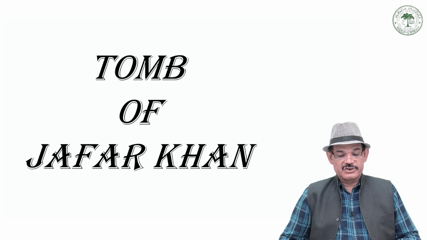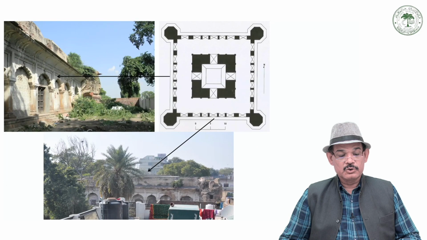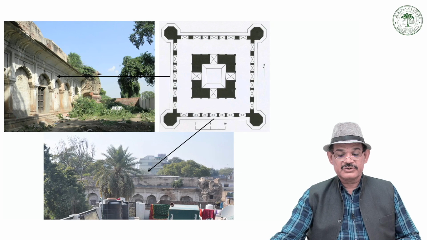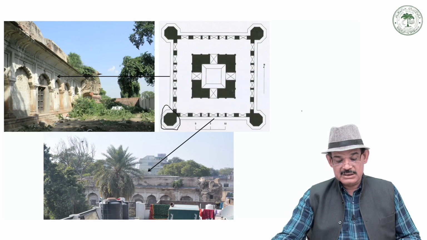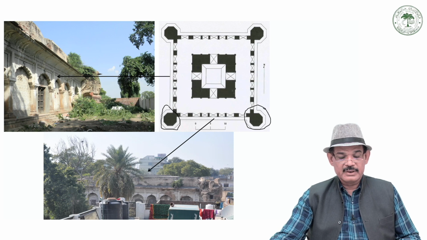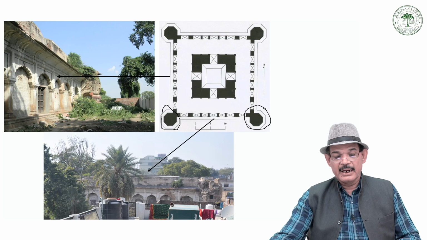Another important structure is the tomb of Jafar Khan. The tomb is composed of a central square chamber surrounded by cloisters, where all the corners of the cloisters are occupied by octagonal basins. Each side of the cloisters is composed of 7 arches, where the central arch is bigger.